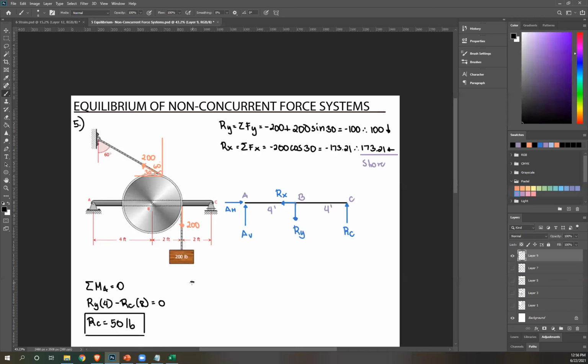We can start with summation of forces vertical or horizontal. Let's try summation of forces horizontal. AH to the right, so positive AH, Rx to the left, negative Rx equals 0. And obviously, from this, AH is 173.21 pounds.